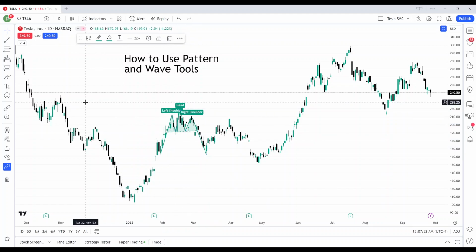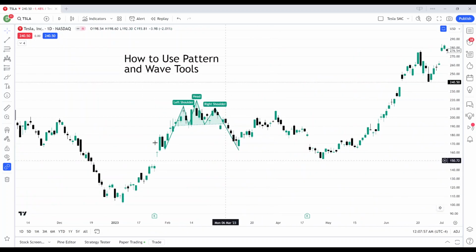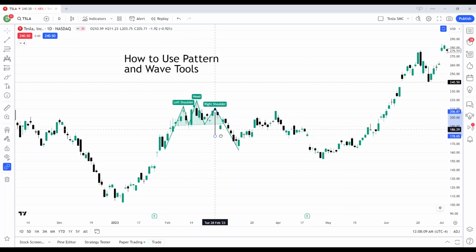Okay? And something that we're going to be looking for when you're charting your head and shoulders, the way that I learned the head and shoulders pattern was that you take the head down to the neckline, and then you take that trend line and you go from the point of breakout or breakdown from the neckline, which would be here, and you draw your potential price target.